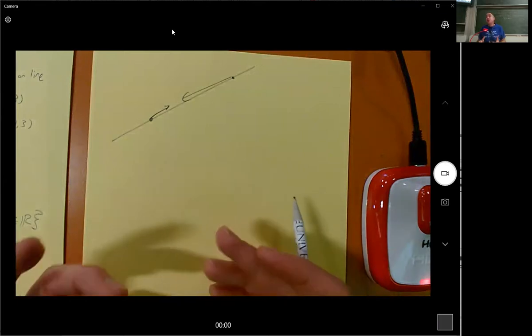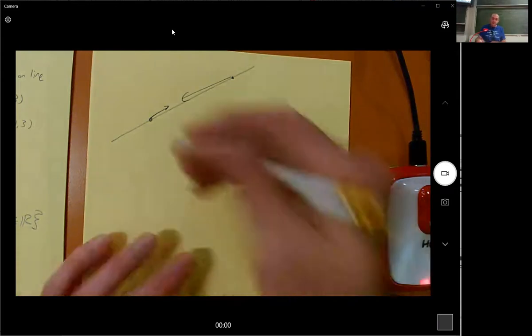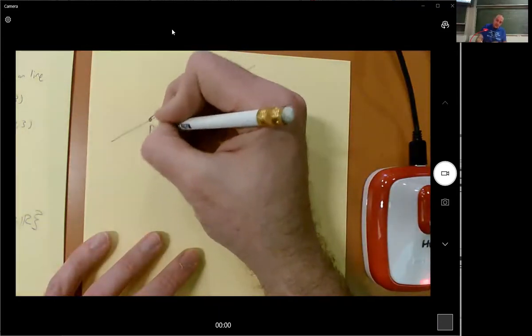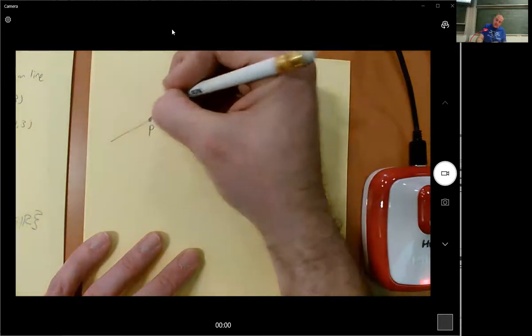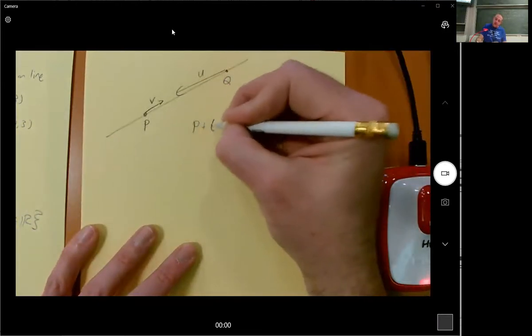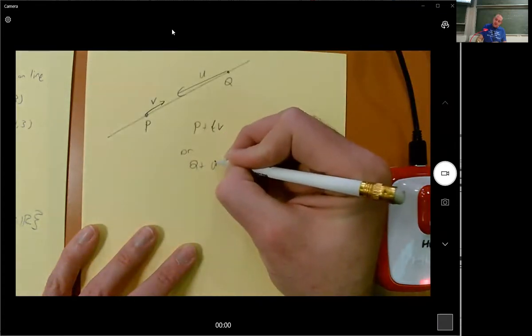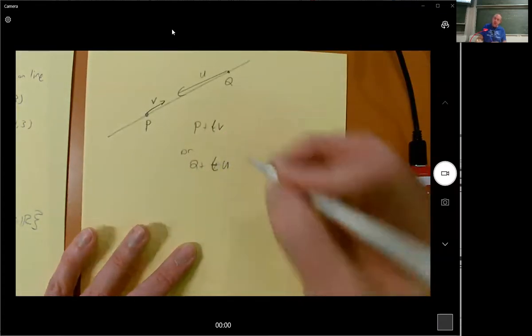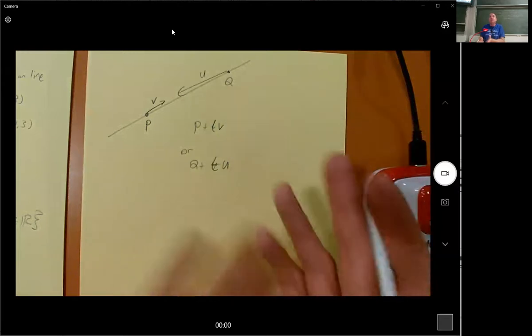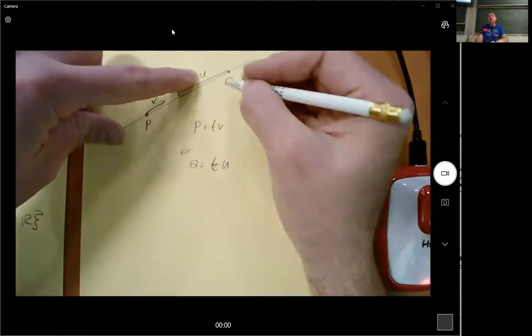And that's really important to know, that there are usually multiple answers to find a vector form for this line. There's not only one answer. So if this was the point P, and this was the point Q, and this was the direction V, and this was the direction U, then we would have that P plus TV, or Q plus TU would both be possible versions for the line if you wanted. And these would both have coordinates, these things.